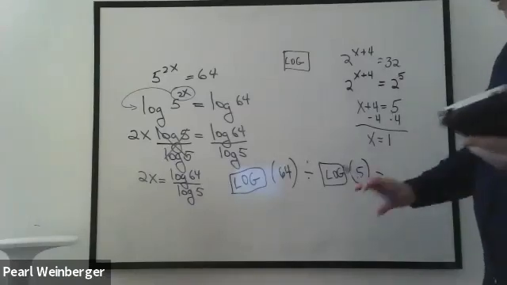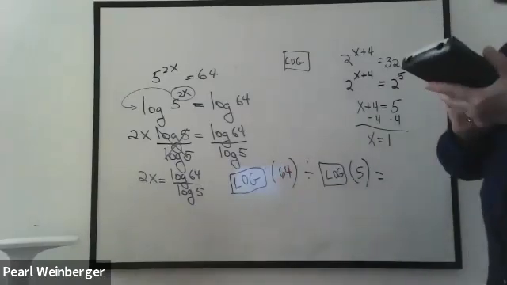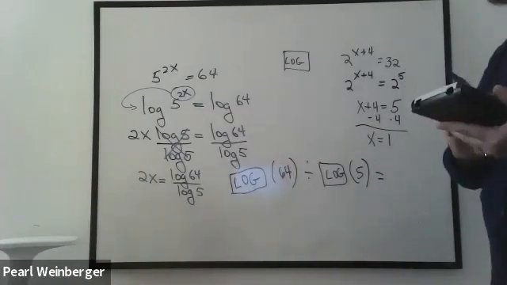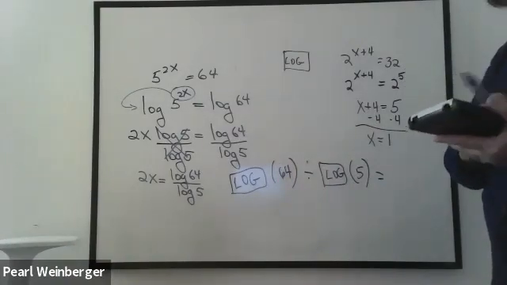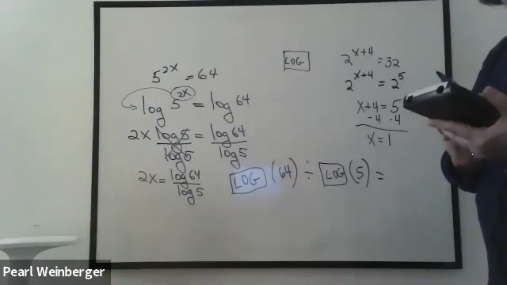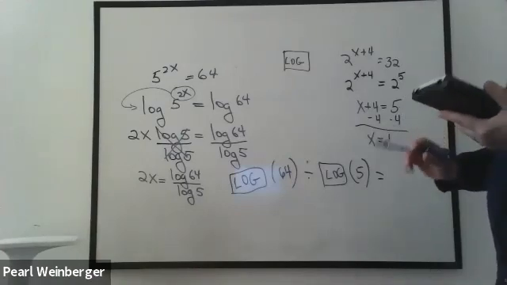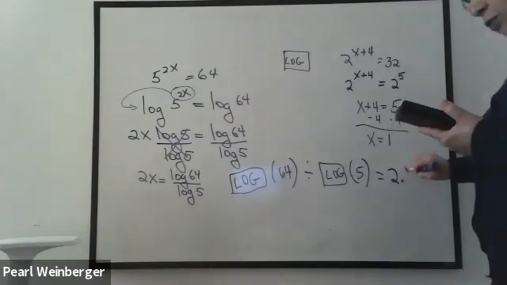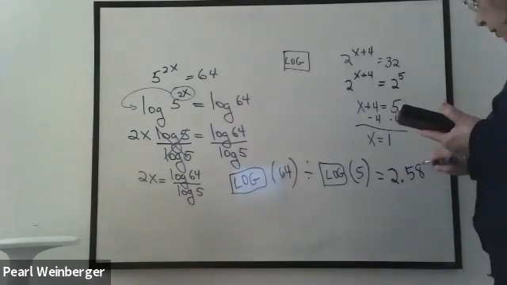So: log 64, close the parenthesis, divide by log 5, close that parenthesis, press equal, and I get a long decimal, 2.58405. I'm not going to put any more numbers in because I don't have space.